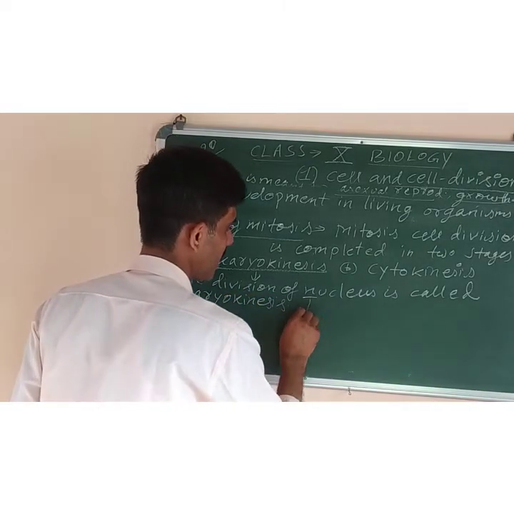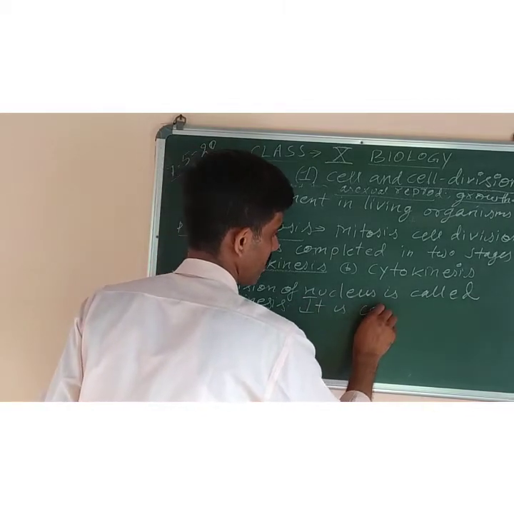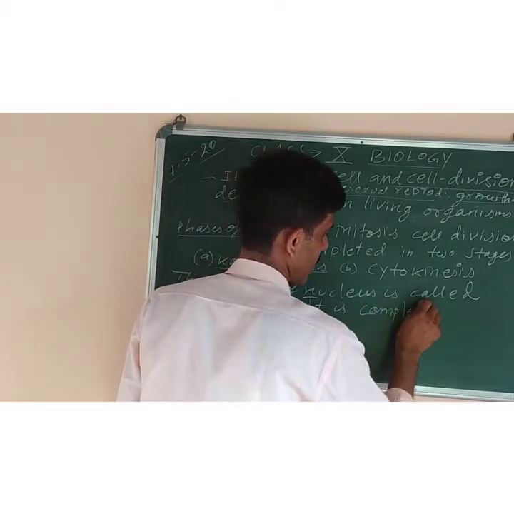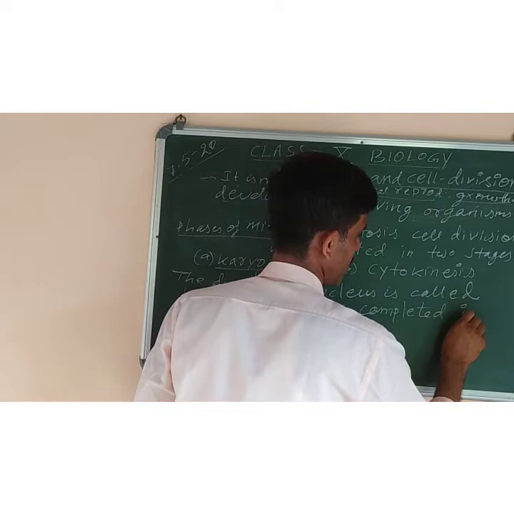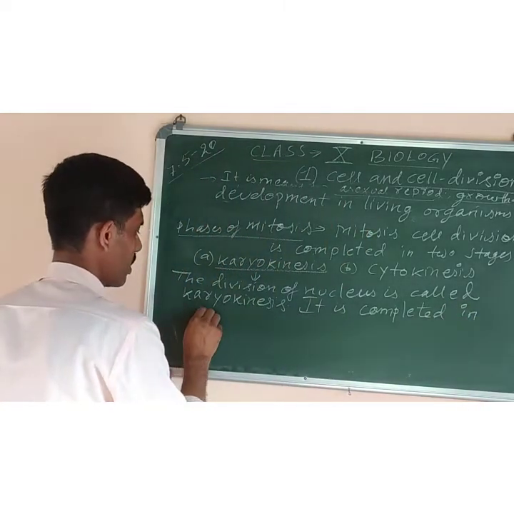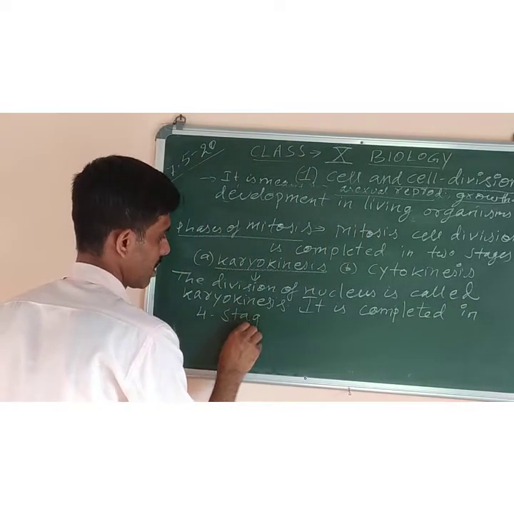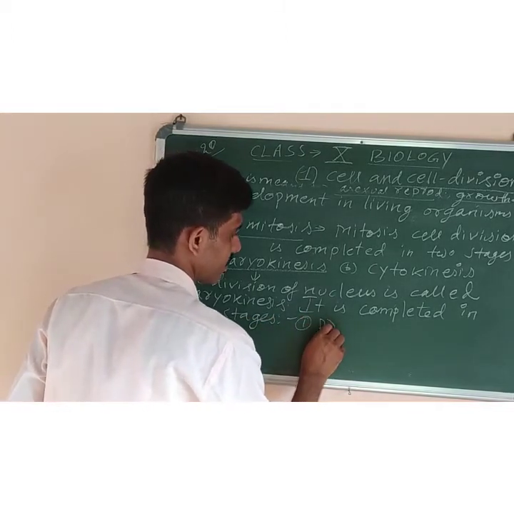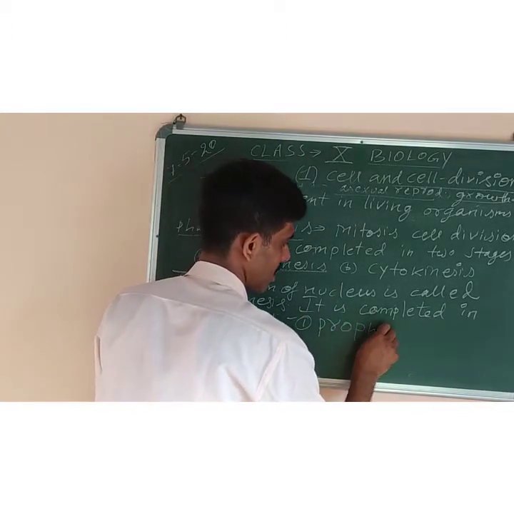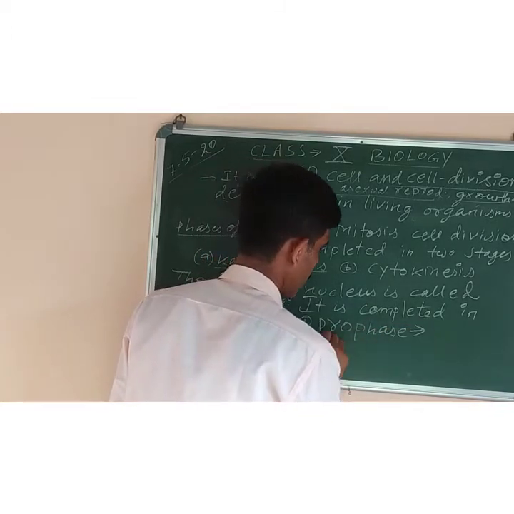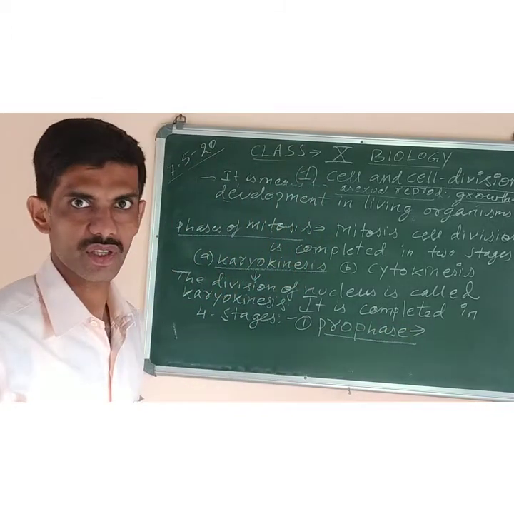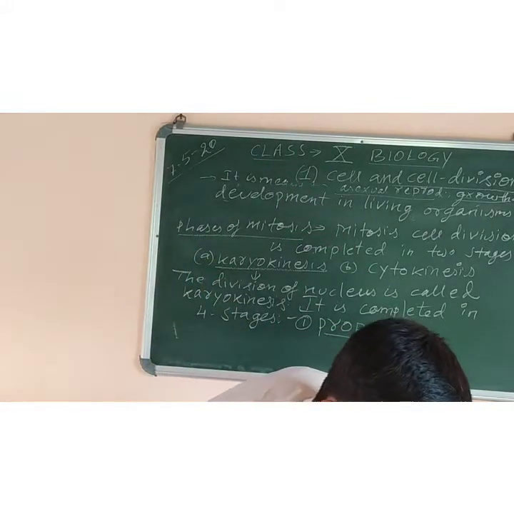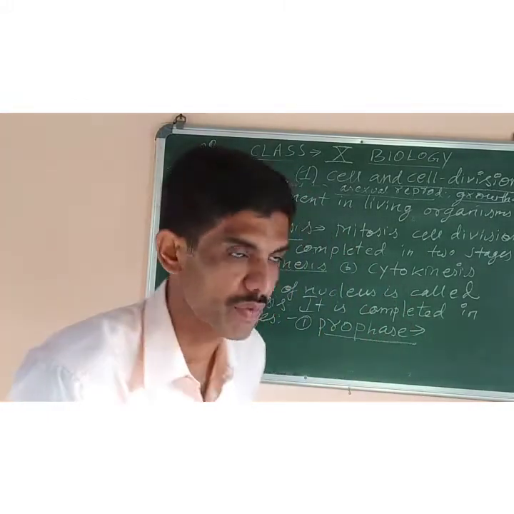It is completed in four stages. Number one, prophase. Pro means first, phase means stage. So this is the first stage of nuclear division, prophase.